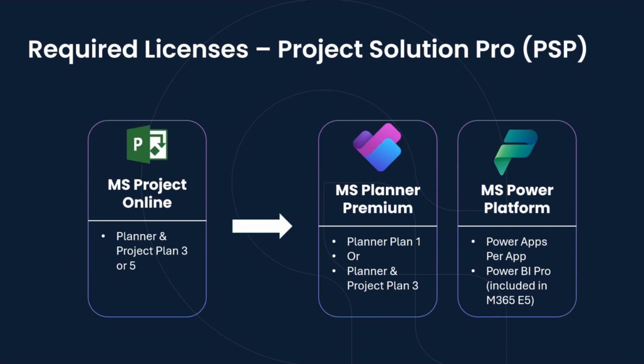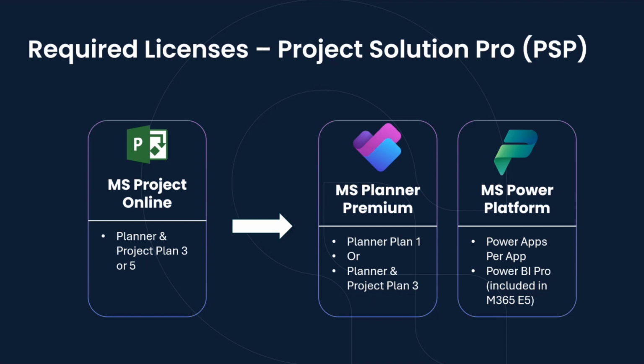For the Microsoft Planner Premium Schedule Access, a user would need either a Planner Plan 1 license or a Planner and Project Plan 3. The key difference between a Plan 1 and a Plan 3 comes down to a few advanced capabilities that a Plan 3 has that a Plan 1 doesn't, things such as critical path or advanced dependencies.